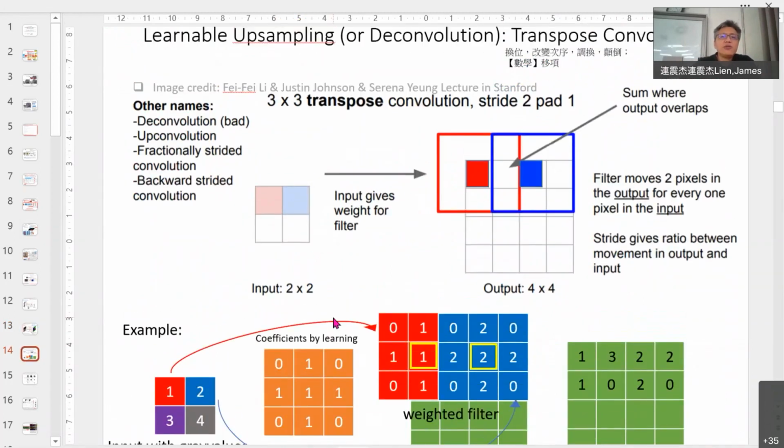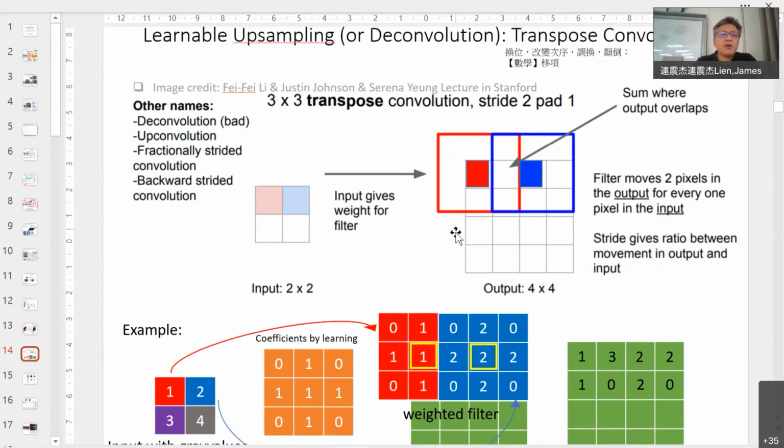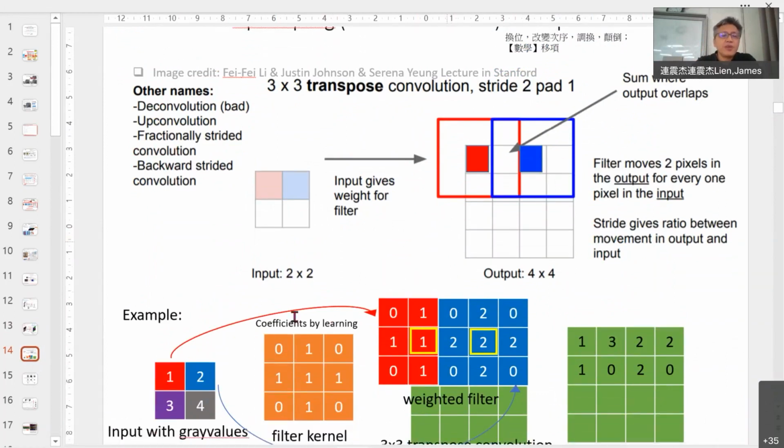So for upsampling, there are several methods. And one easy method is this one. For example, suppose this original image is here, and the values are 1, 2, 3, 4.